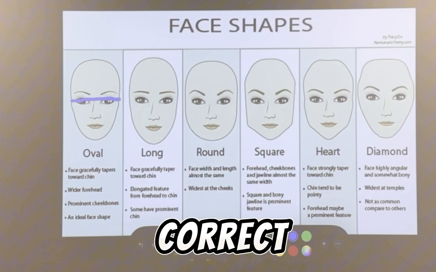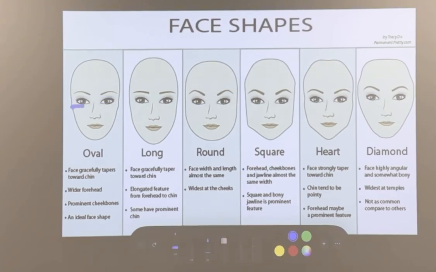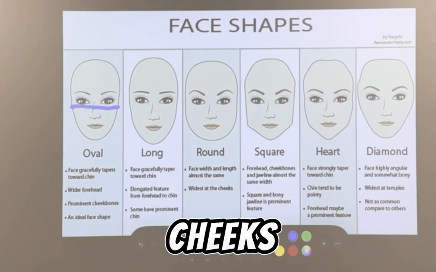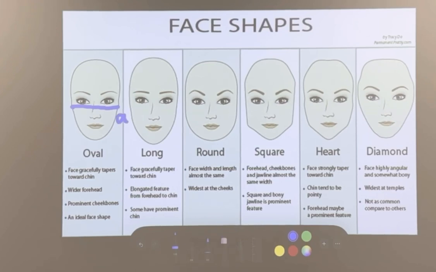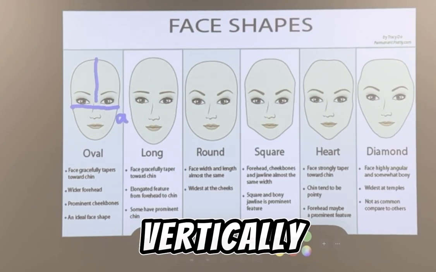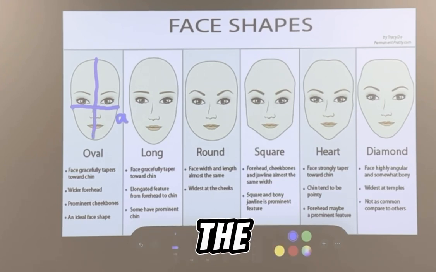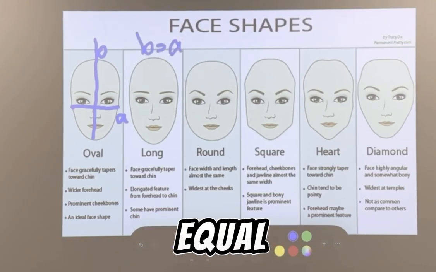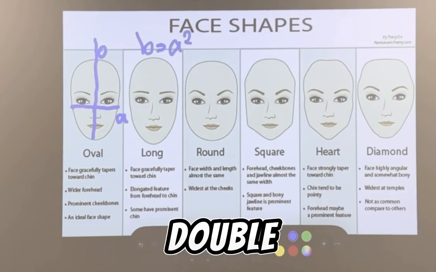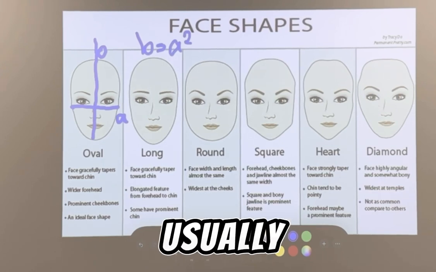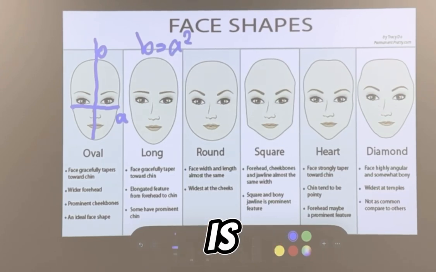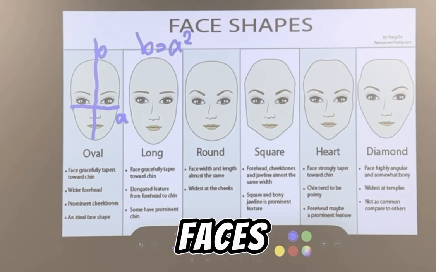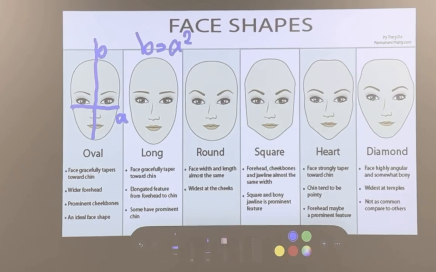Let me correct it again. From cheek to cheek we call it A, and vertically from the middle of the face we call it B. Actually B is double the A. So usually these faces are called the base faces, and called oval.